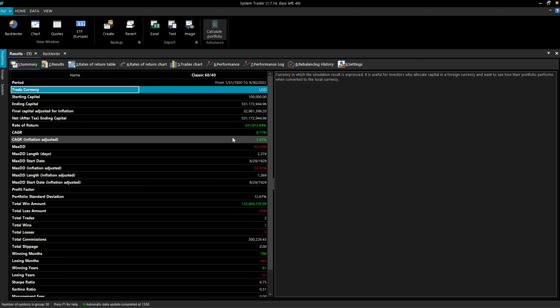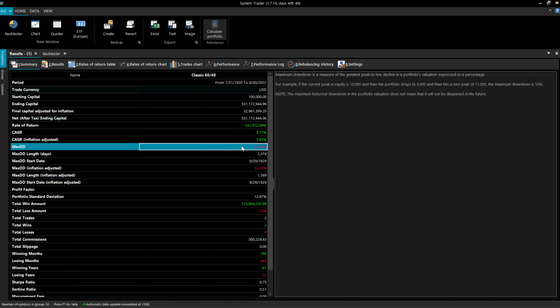But if it's adjusted for inflation, we can say that on an annual basis, we were beating inflation by almost 6%. Of course, this is an average, so it doesn't mean that every year our portfolio was beating inflation by 5.8%, but on average, for the very long time horizon, we could expect that our portfolio was beating inflation.